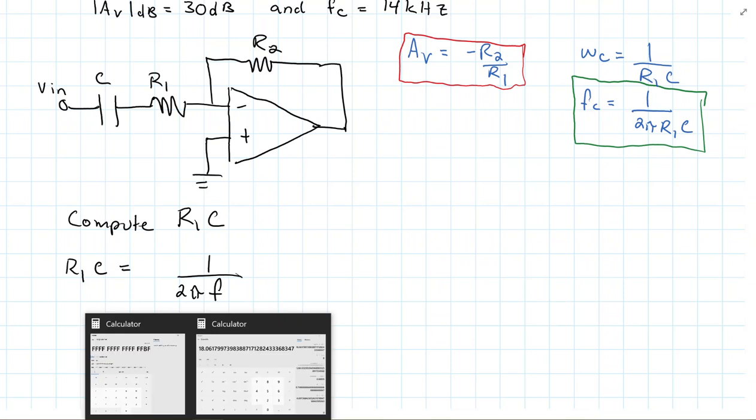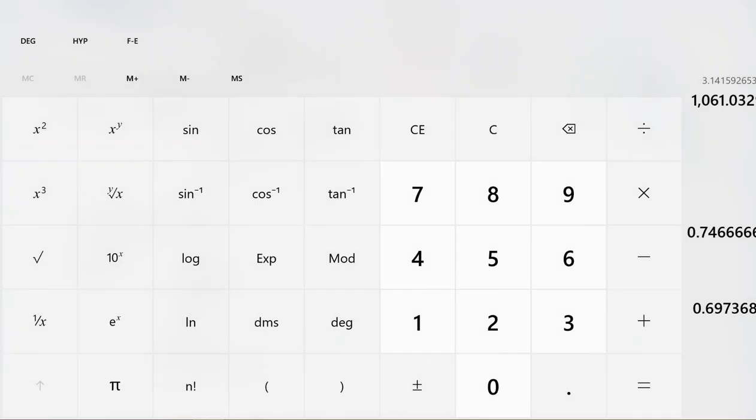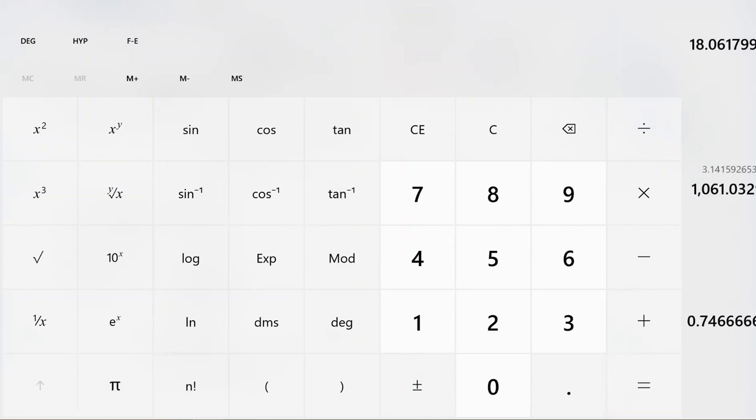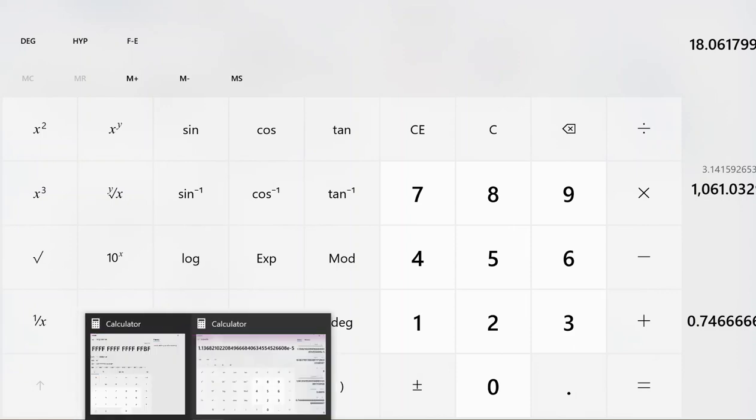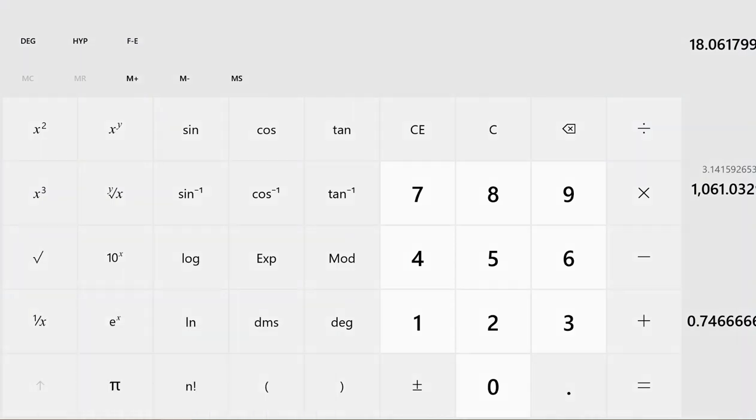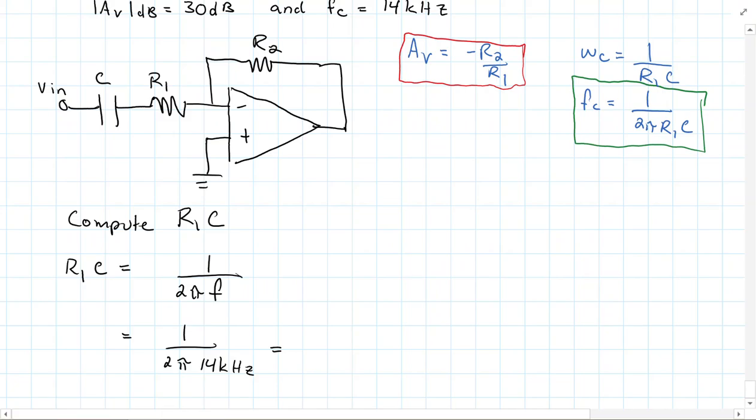And let's see what this value would be here. Let's go to our calculator. 1 divided by 14,000 divided by 2 divided by pi. And we get 1.137, 1.137 times 10 to the negative fifth.